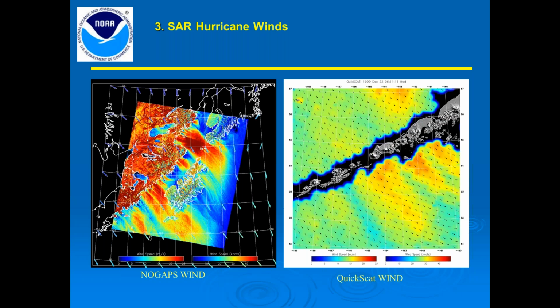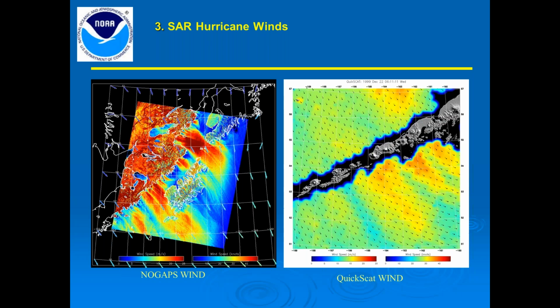You look at the millimeter wavelengths roughened by the wind, but on land, SAR does not have any capability to measure wind. It's just masked out with a land mask. So SAR does not measure wind over land.